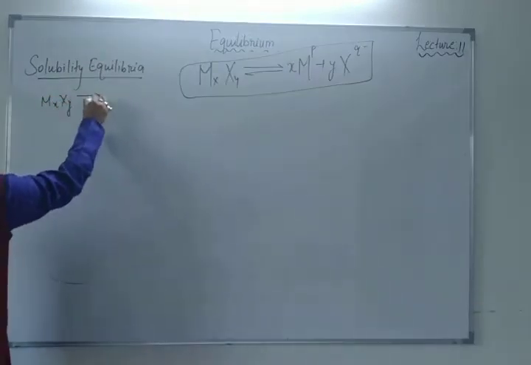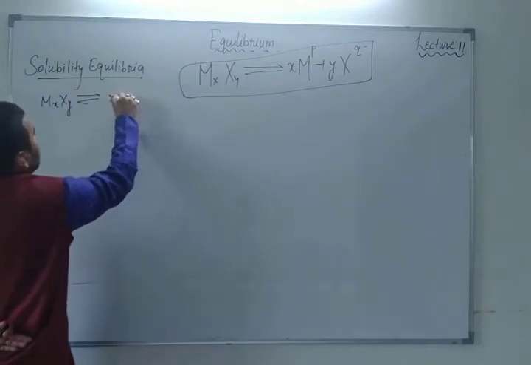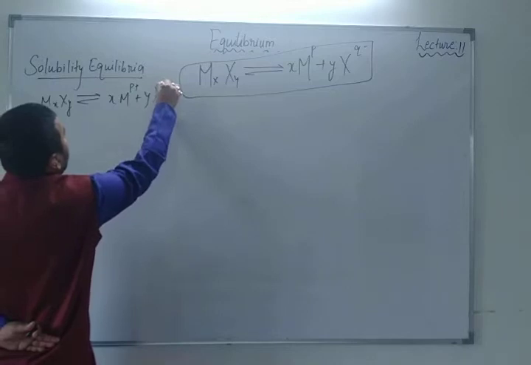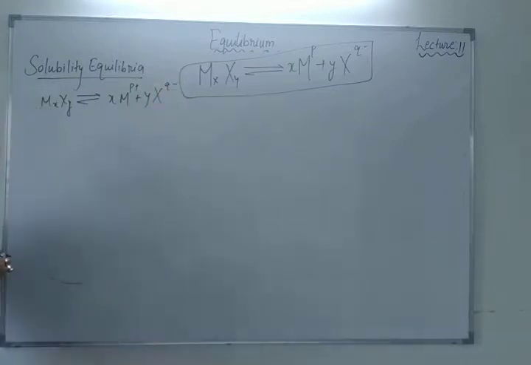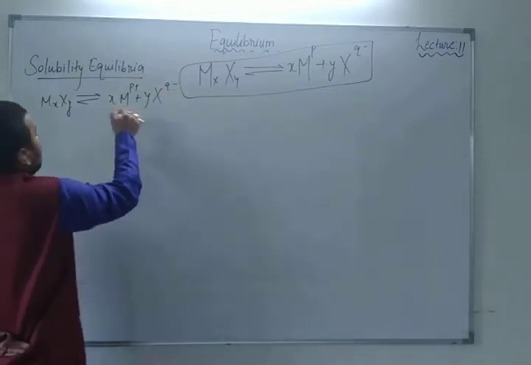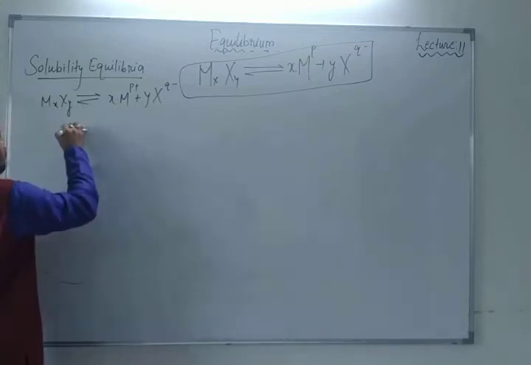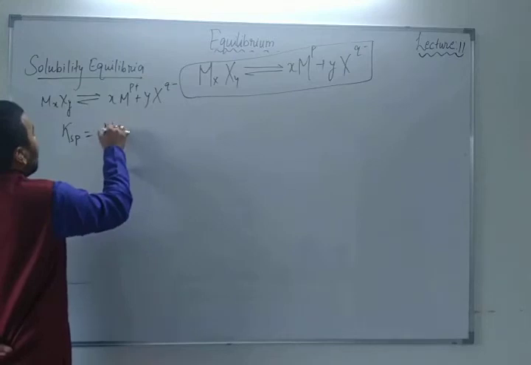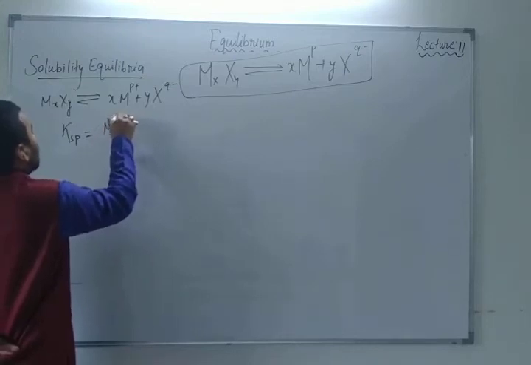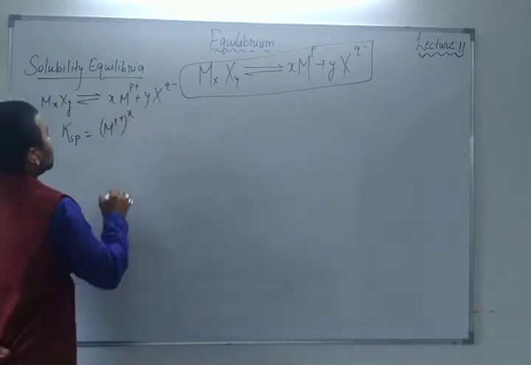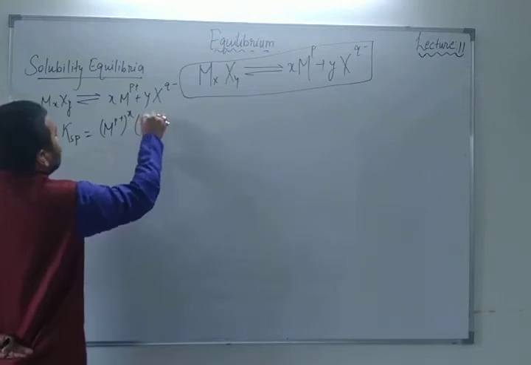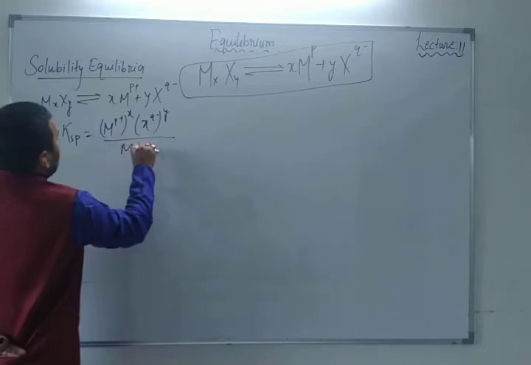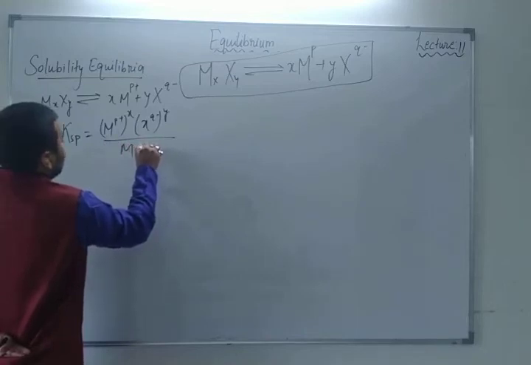So here the equation is MxXy, which is converted to x M to the power p plus and y X to the power q minus, right? You know very well that when we calculate the constant, KSP is equal to the concentration of products, so [M^p+] to the power x and [X^q-] to the power y upon [MxXy].